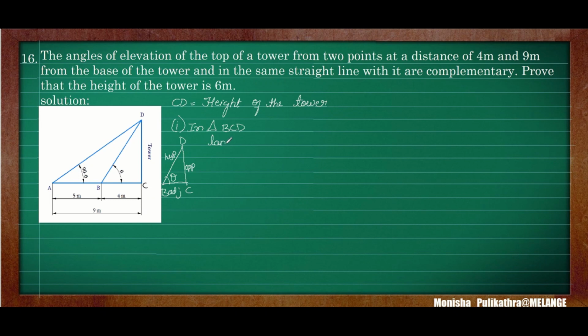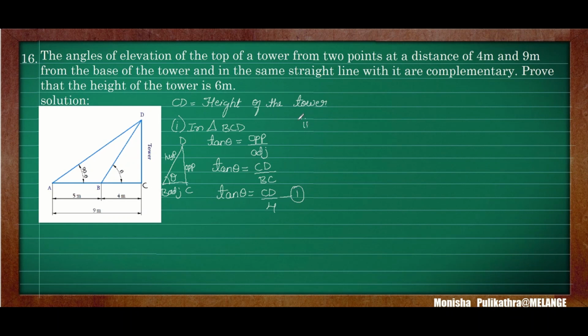So tan theta is equal to opposite by adjacent. Here the angle is theta itself, so we can take it as tan theta. So tan theta is equal to the opposite side CD by the adjacent side BC. Okay, and the value of BC is 4 meter. So tan theta is equal to CD by 4. Let this be equation number 1.